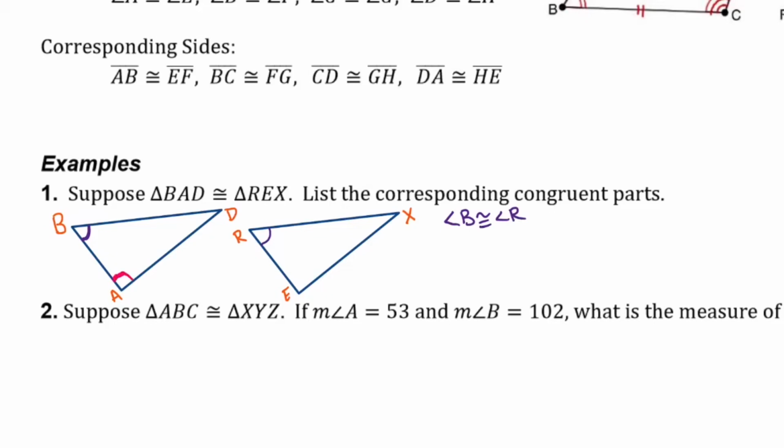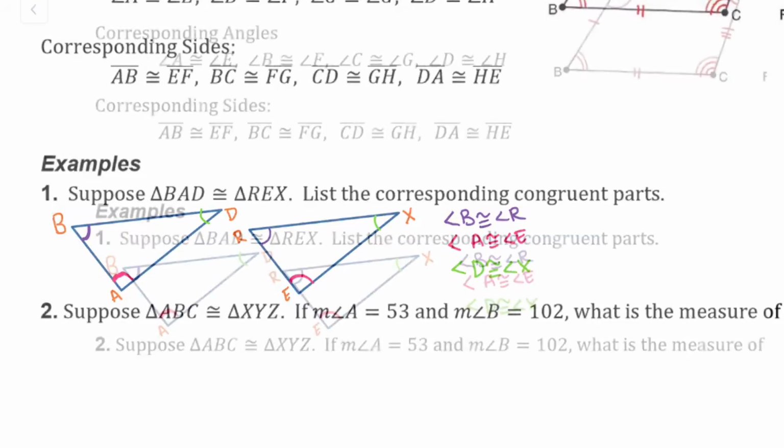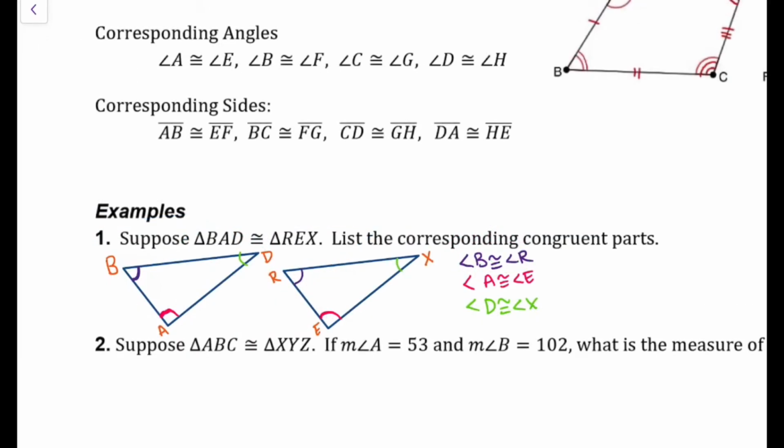Angle B is congruent to angle R. And then angle A is going to be congruent to angle E. Now I put a pink line here, but if you don't have different colors, you can just do 2 lines instead of 1. Then angle D is congruent to angle X.